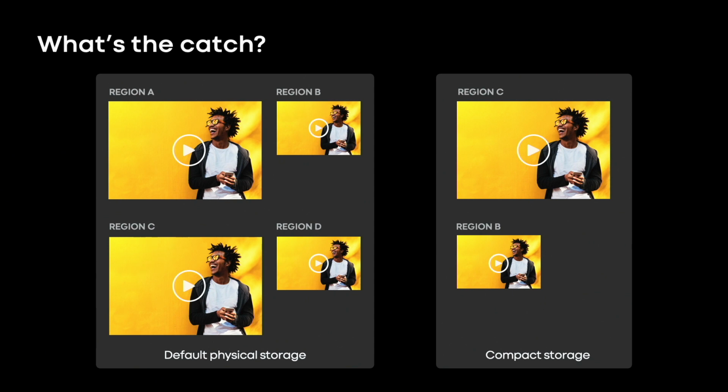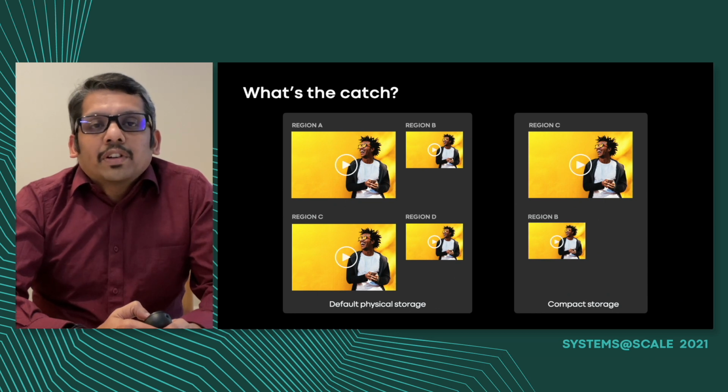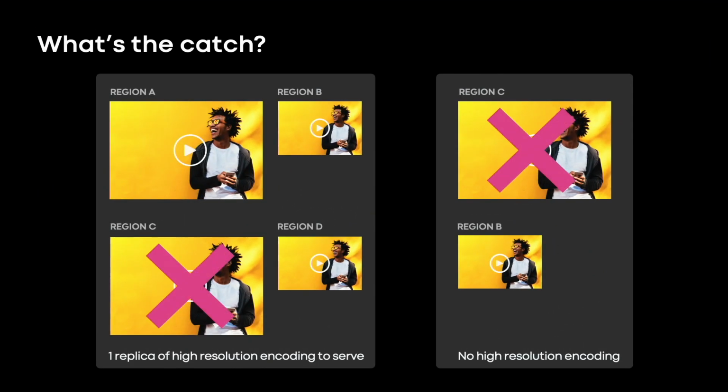What's the catch here? Let's say each physical replica is present in a distinct failure domain for disaster tolerance. Failure domains are usually regions, which are just a collection of data centers in the same geographic area. Under normal operating circumstances, all of these replicas are accessible. But in the rare case of natural disasters or other catastrophic events, a region could become unavailable. Let's say in this case, region C goes down.